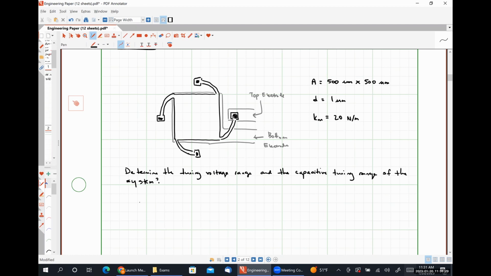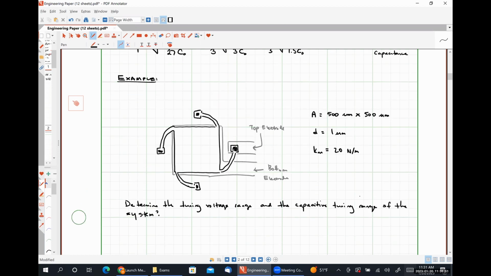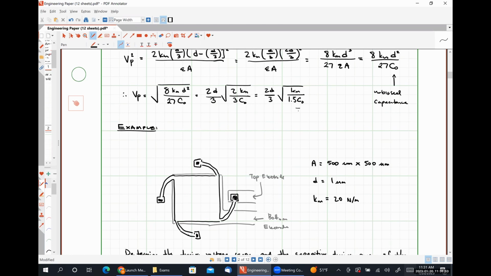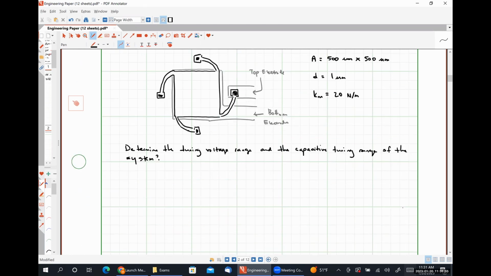In practice, we wouldn't get close to our pull-in voltage because we don't know for sure that our gap is exactly 1 micron or that our area is exactly 500 microns by 500 microns. So our theoretical limit will be from 0 to VP. Since VP depends on C naught, we're going to need to calculate that first.